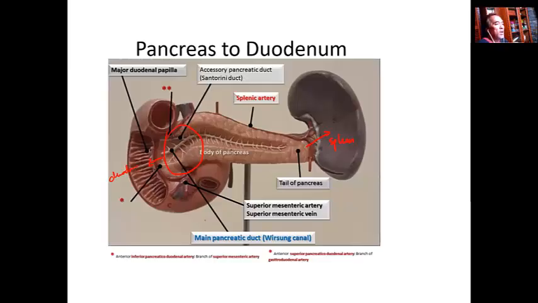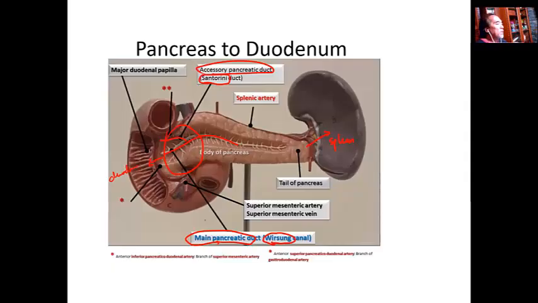Now, if you notice, the pancreas has ducts: the main pancreatic duct, and sometimes we have a very scientific name for that called the duct of Wirsung. Then the accessory pancreatic duct has a scientific name called the duct of Santorini.